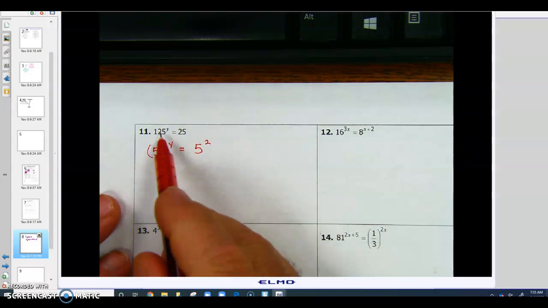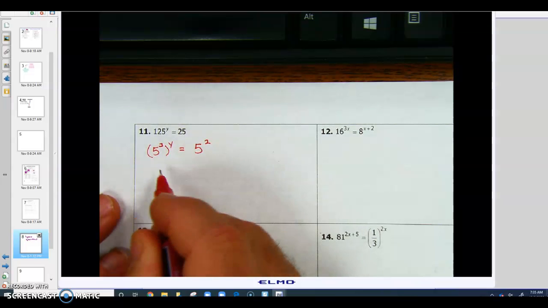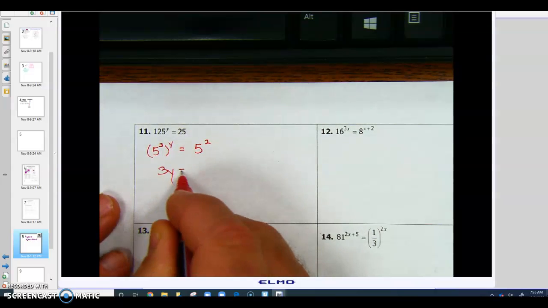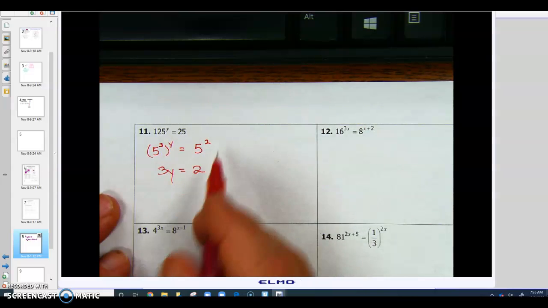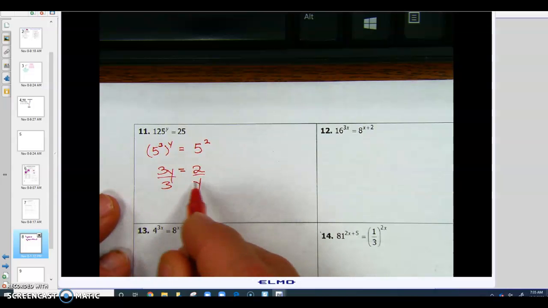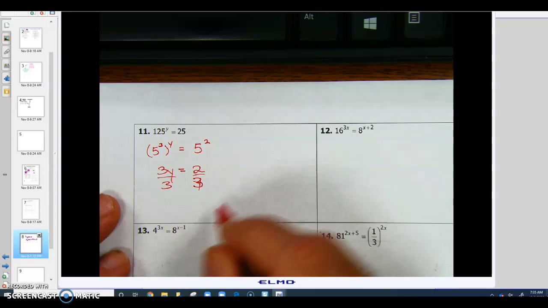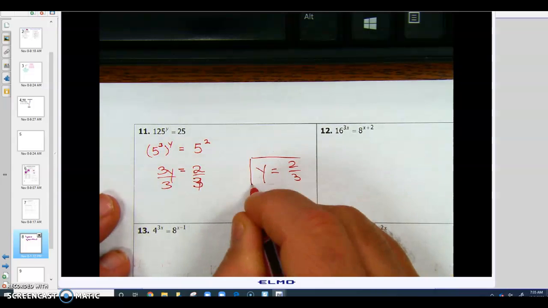So now I'm getting both of these numbers down to a base 5. Multiply these exponents. 3y equals 2. Drop the base. I dropped the base already. Divide by 3. So y equals 2/3.